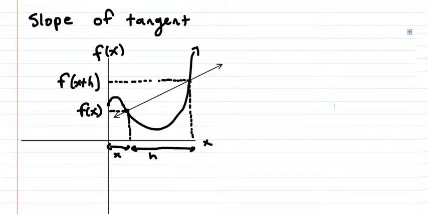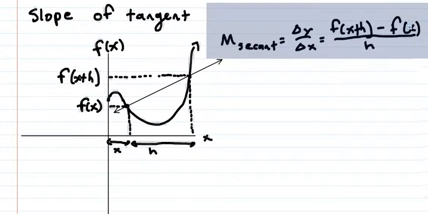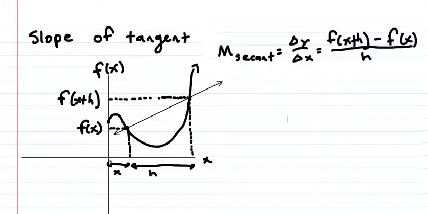So using the slope of a secant and this graph here, we know that the slope of a secant is delta y over delta x, which in this case is f of x plus h minus f of x, that's delta y, and delta x is h.